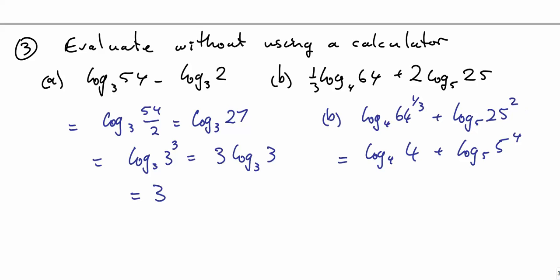So log of 4 to the power of 4 is just 1. Log of 5 to the power of 4 to the base of 5 is 4. That would be the same as 4 log 5 to base 5, which of course would be 1. So 4 log 5 to base 5 is just 4. So that comes to 5.